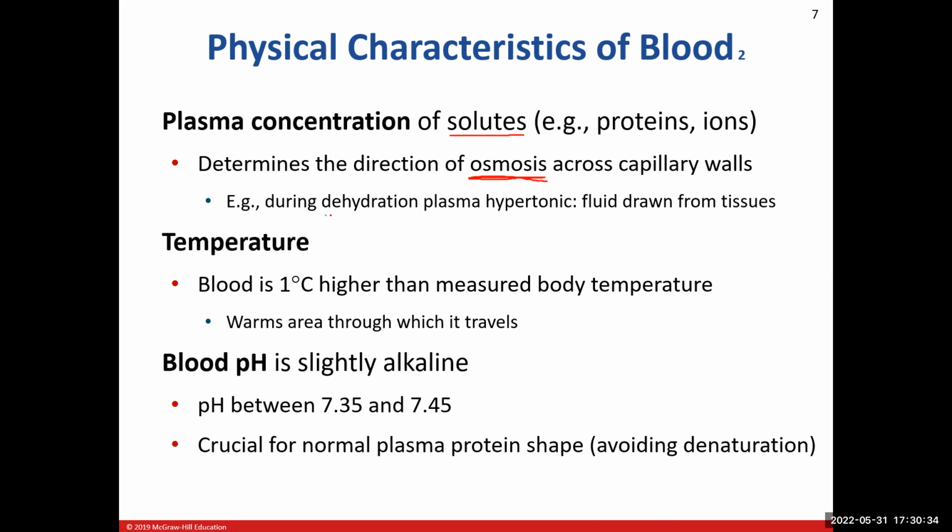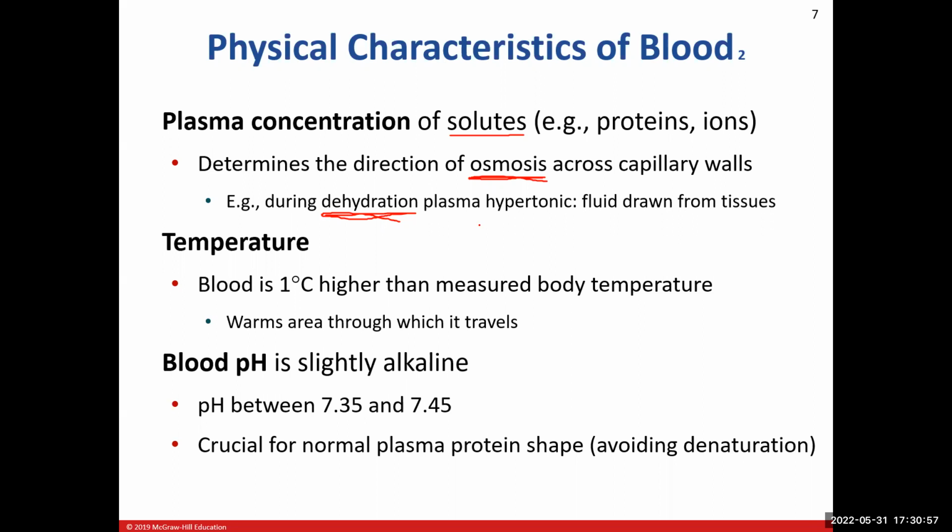So in a state of dehydration, when our tissues are dehydrated, our blood plasma becomes hypertonic because there's less water there. So there's a higher concentration of solutes, and that is going to draw water from the tissues into your blood.